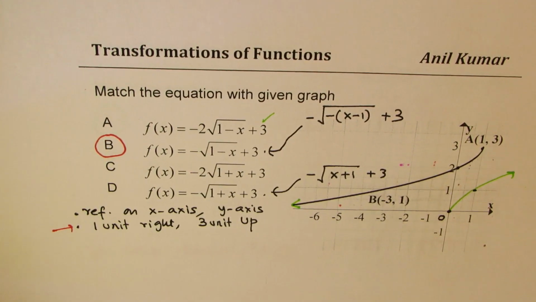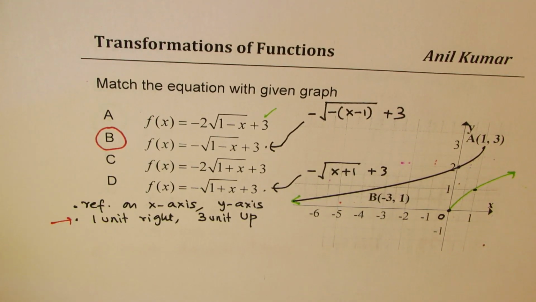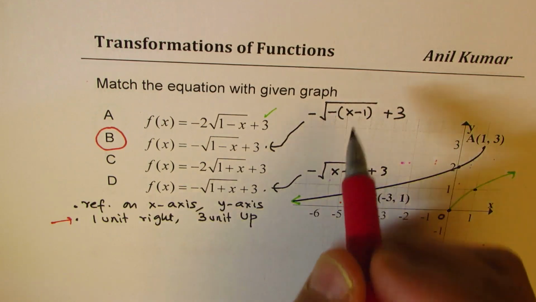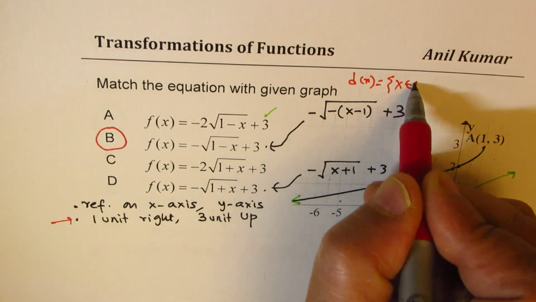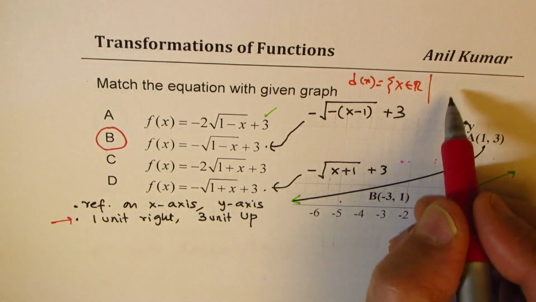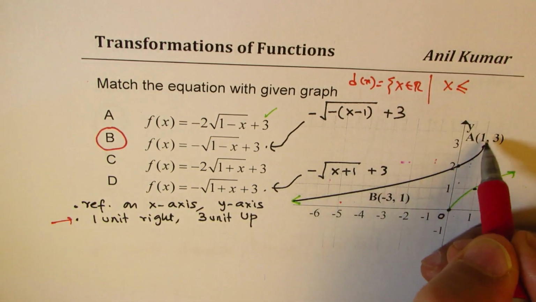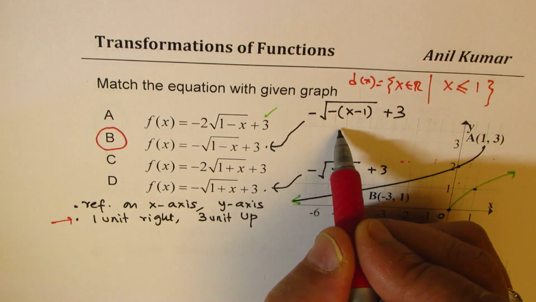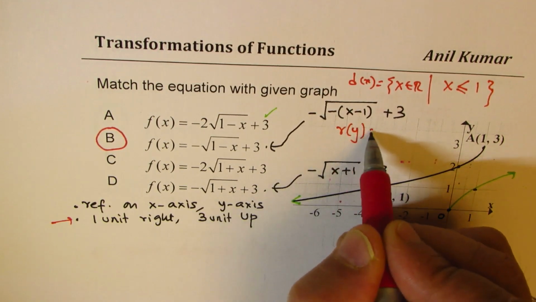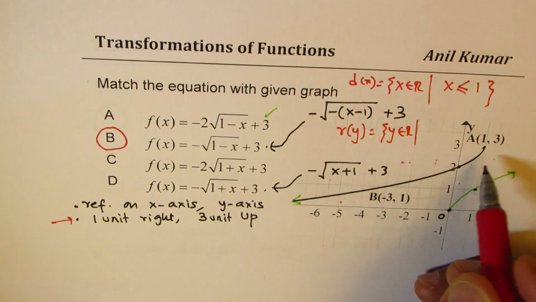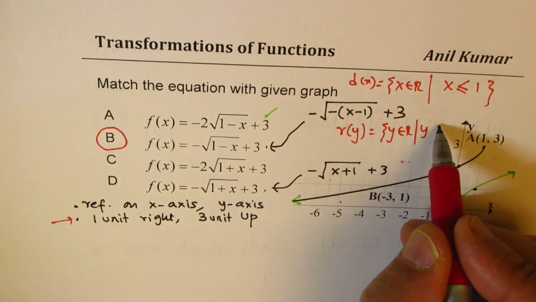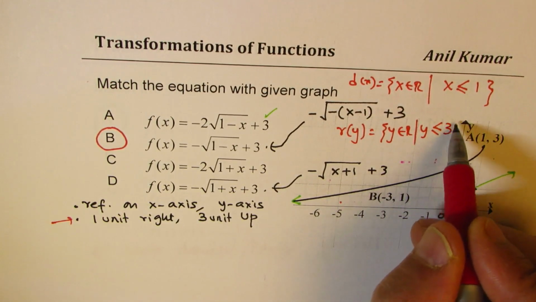So I'd like you to write domain and range for this function also, right? You can clearly see domain is, now here domain d of x is x belongs to real numbers, where x is less than or equal to 1, right? As far as the range is concerned, y belongs to real numbers, where y is less than or equal to 3.